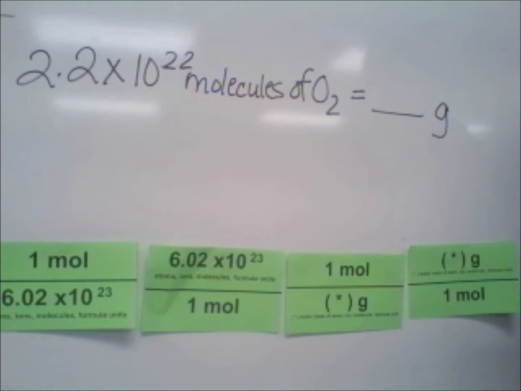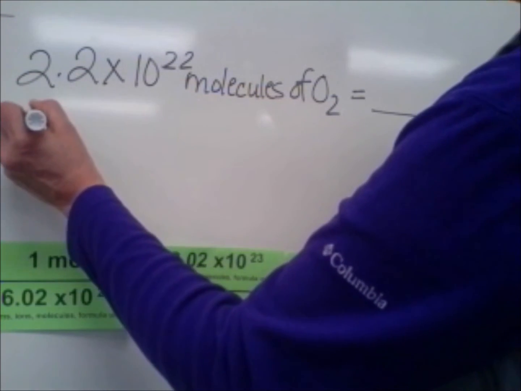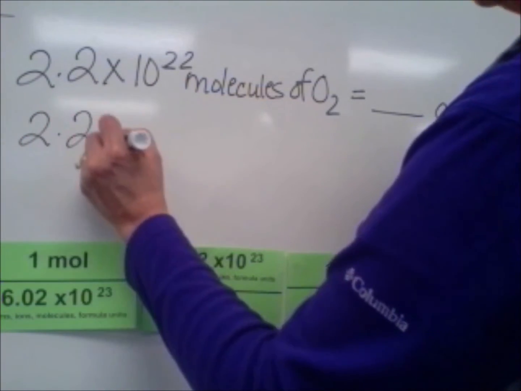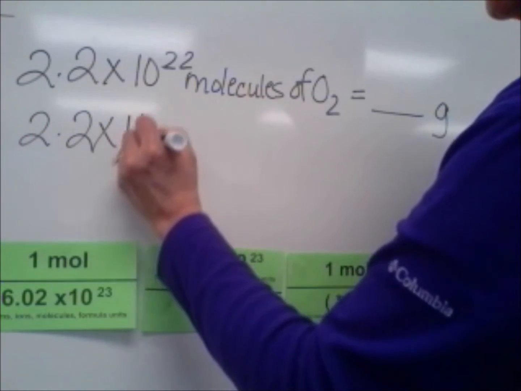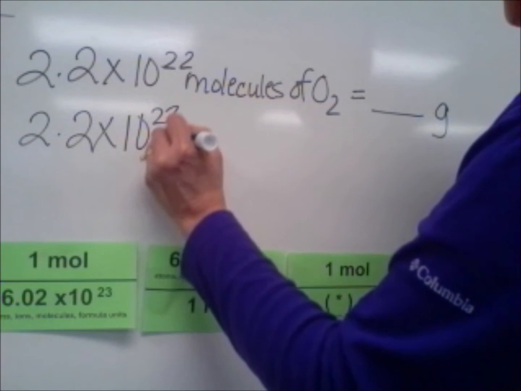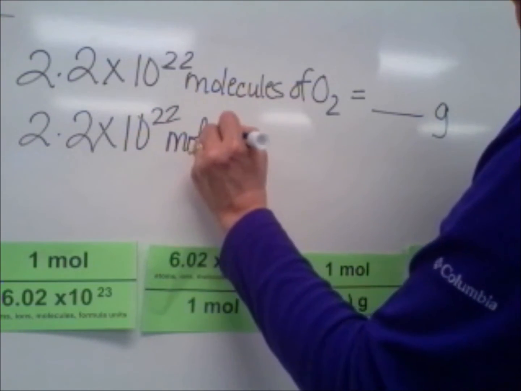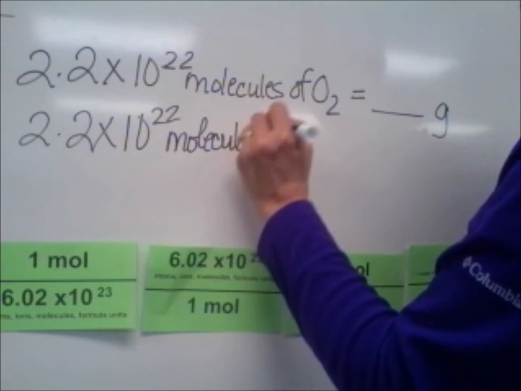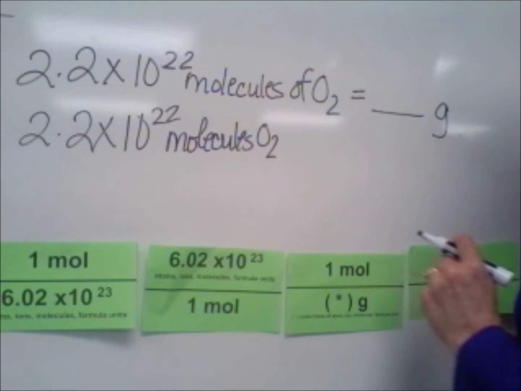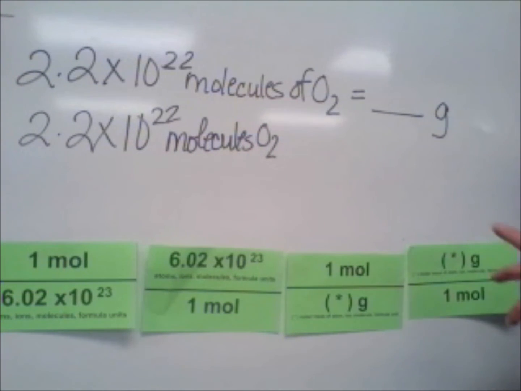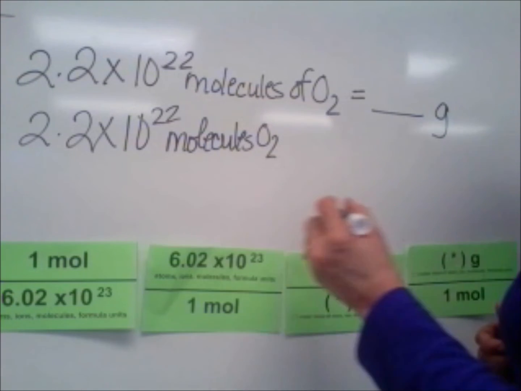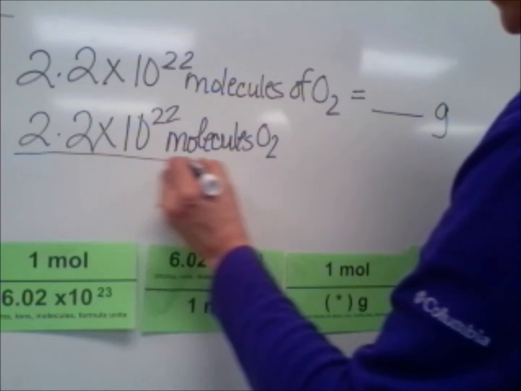Just by simply flipping them around, we can find the answer to this problem. So again, we start out with our given of 2.2 times 10 to the 22nd molecules of oxygen. Now I'm going to be careful here that we don't abbreviate molecules down to MOL because that would be moles, so we have to be very careful of that.